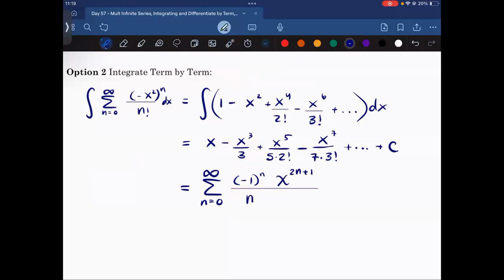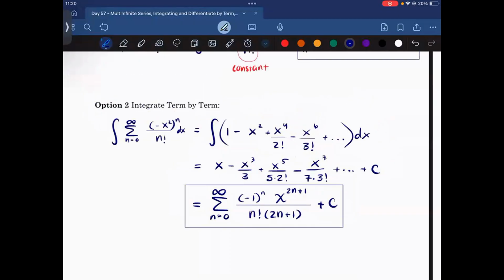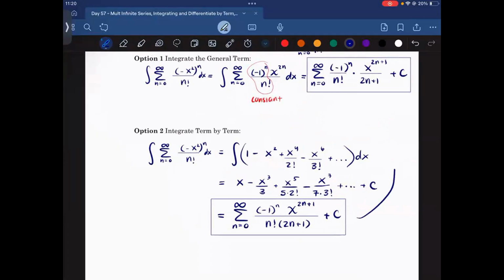We have n factorial, and then we have 3, 5, and 7, which means we have 2n plus 1 to make those odd numbers. And then we're also adding our plus c because they did not give us an initial term. And if we zoom out a little bit, these should match exactly. It's a good way to check, do them both ways. So either way works.